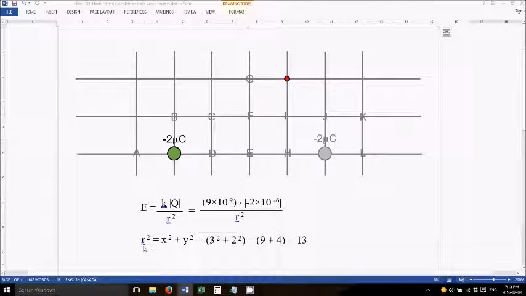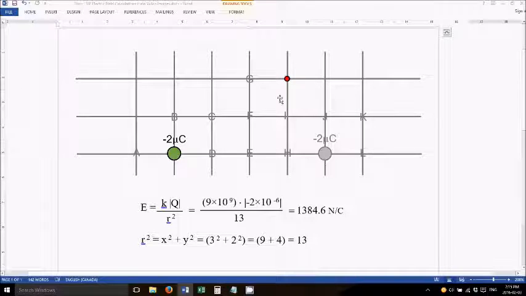And that's equal to r squared. Now I could take the square root of 13 to get r, the actual distance between the charge and the red dot, but in my calculation I actually want r squared, so there's no point in doing the square root. I'll substitute that in now. Instead of r squared I now have 13, and that gives me an answer of 1,384.6 newtons per coulomb.